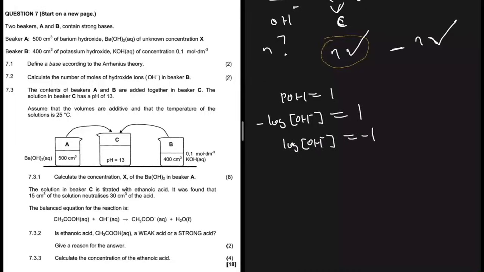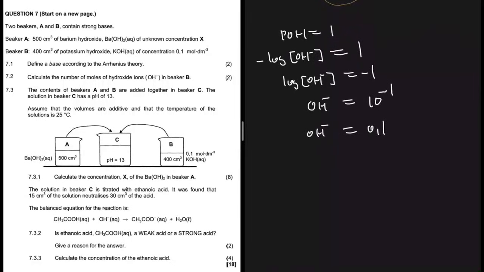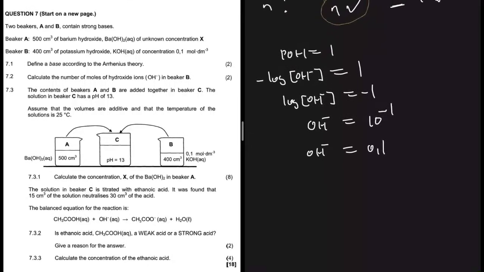And now to solve for OH, we can say OH minus is equal to 10 to the power minus 1. You can always do that. It always works. So if you take 10 to the power minus 1, you're going to get OH minus is equal to 0.1. So we have the concentration of OH minus in beaker C.